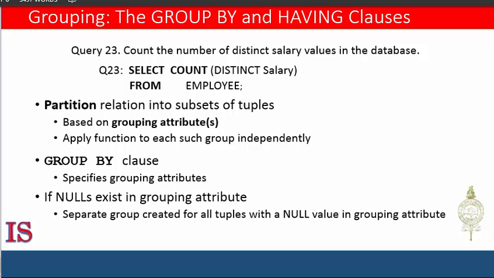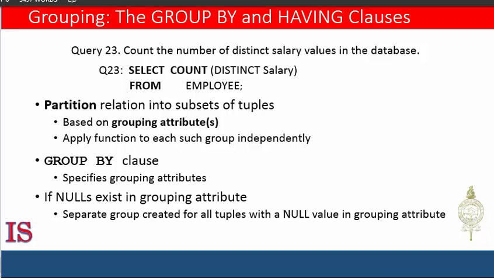In these cases, we need to partition the relation into subsets or groups of tuples. Each group, or partition, will consist of the tuples that have the same value of some attribute or attributes, called the grouping attributes. We can then apply the function to each group independently to produce the summary information about each group.